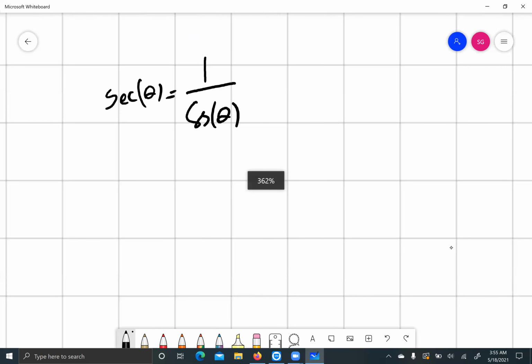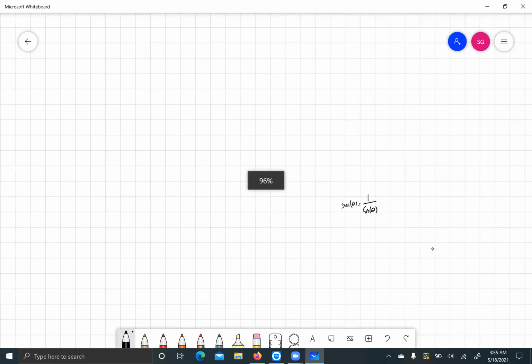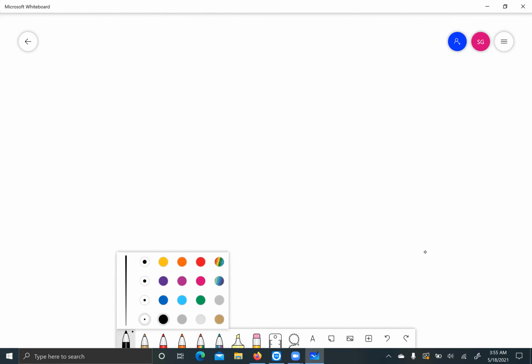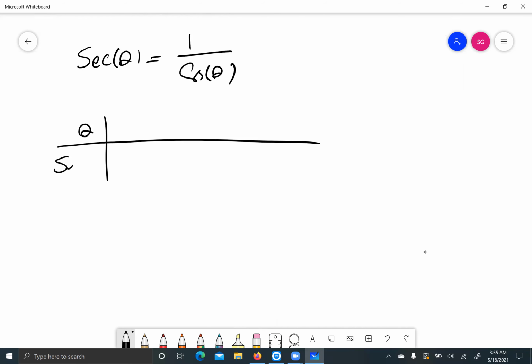So let's look at a table of values, not a complete table, just a couple of points. Secant is 1 over cosine. So looking at some values, theta and secant of theta, for example at 0, cosine is 1, so it's going to be 1.